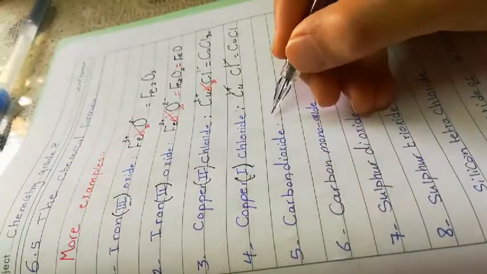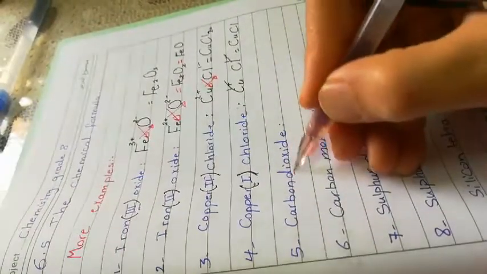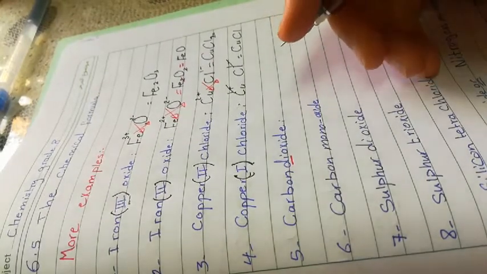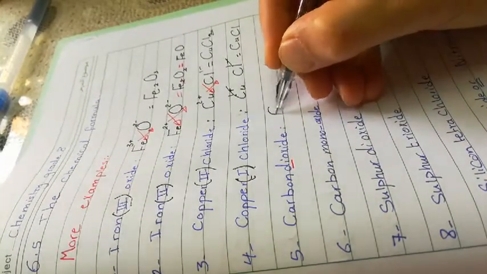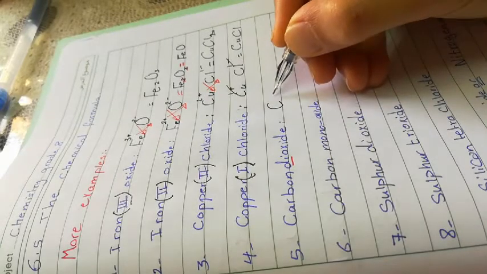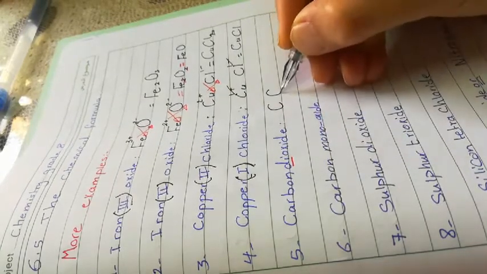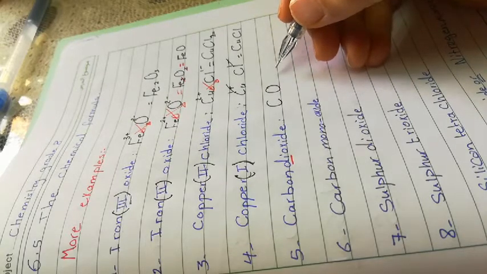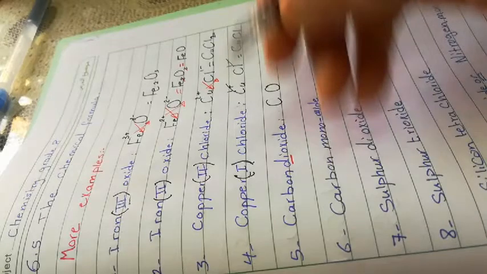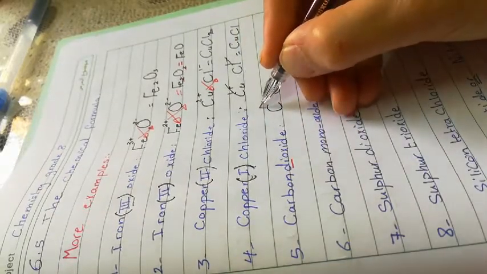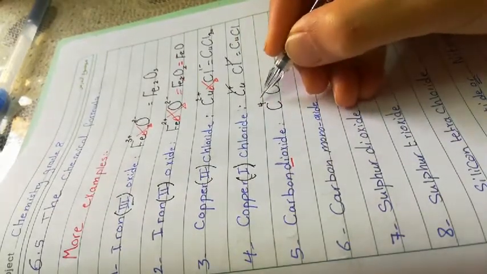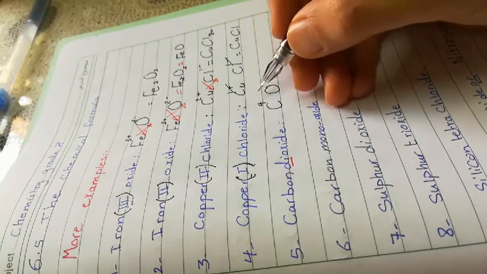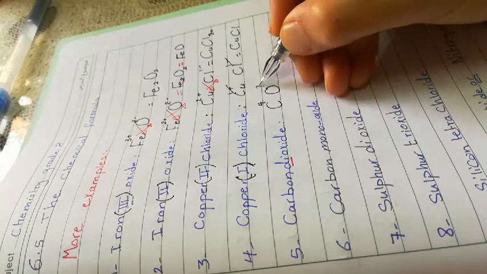Carbon dioxide. Di means 2, as I told you from grade 7. So, carbon is C. Dioxide means 2. But if you want to obey the valency rules here, you will write that the valency of carbon is 4. Whatever the charge, positive or negative, here we don't care about that. I'm caring about the number, by the way. And oxygen is 2.